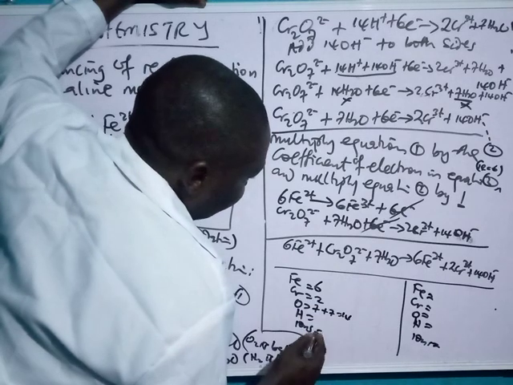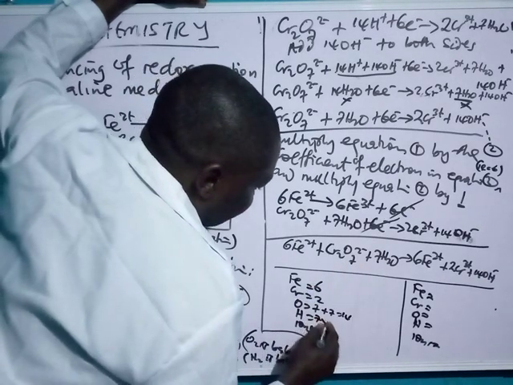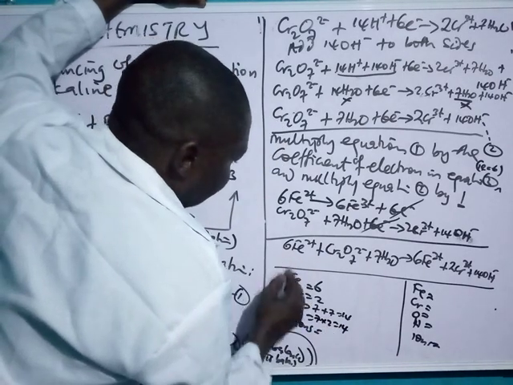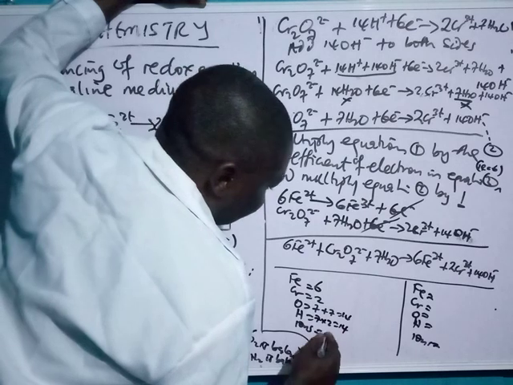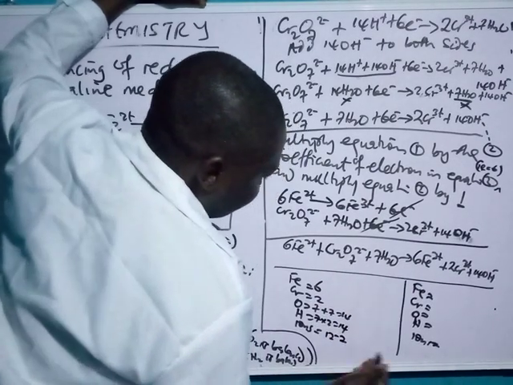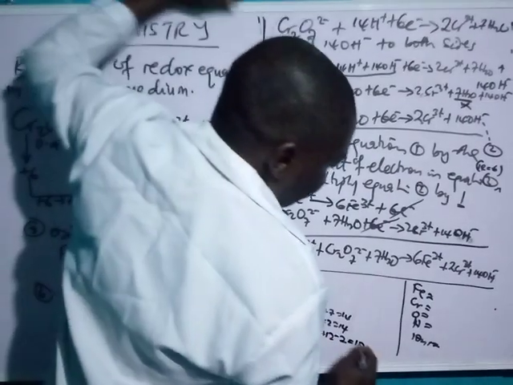For hydrogen, you have 7 times 2, which is 14. Then for the ions, this side is 6 times 2, which is 12, and this one is minus 2, so 12 minus 2 is plus 10.